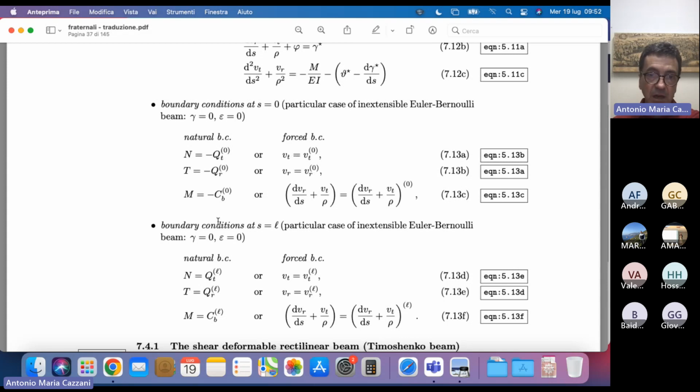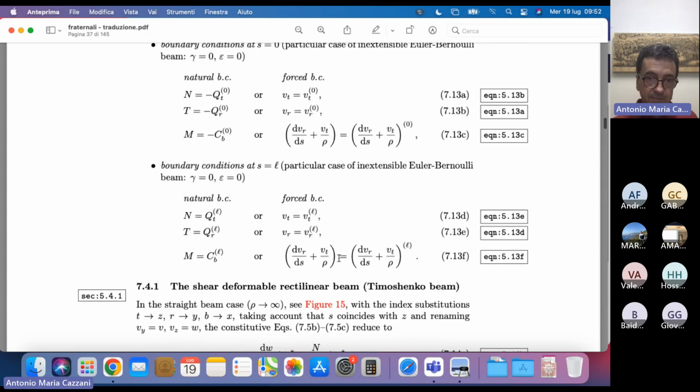Instead, the contribution of bending moment in terms of natural boundary condition requires an equilibrium at the end forces and moments on the end cross sections. Here we do not prescribe anything about the rotation, but rotation of the end cross section is related through this equation to the radial and the tangential displacement, and so this amount must be prescribed at both ends.